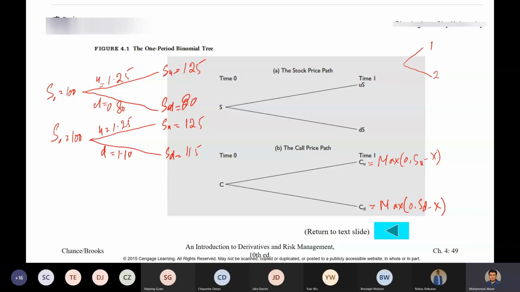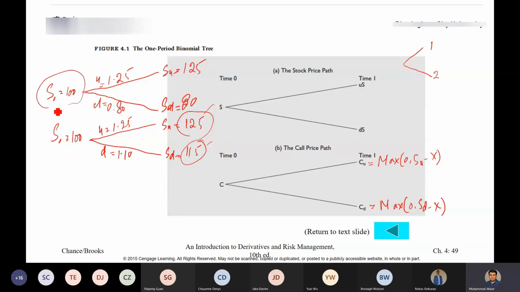So here most of the time we will be assuming that the stock price can go up or go down below 100. However, it doesn't actually mean that the stock price cannot be like this. In both the cases, the stock price is going up. You see, the stock price going up by 25% and the stock price going up by 15%. So here SU is 125 and SD is 115.